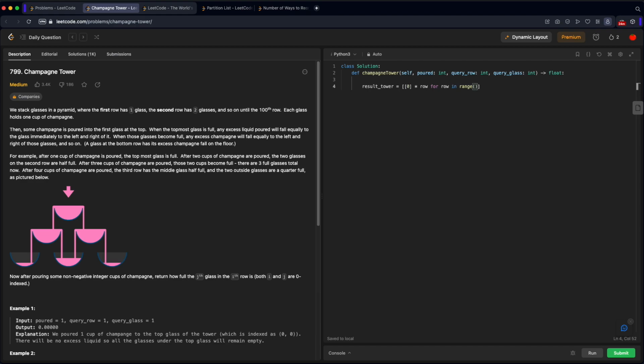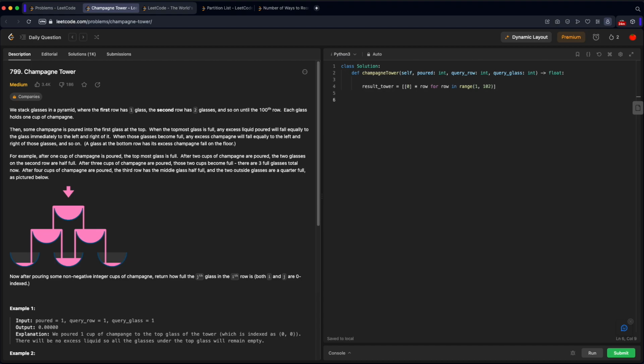We are using 0 indexed values here, but our very first row has 1 champagne glass, so we start at 1, and we have to go to 101 normally, but since we are offset by 1, we actually have to go to 102. Remember, this range is not inclusive, so we have to go to 102.